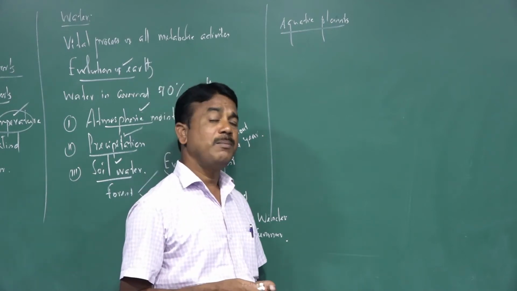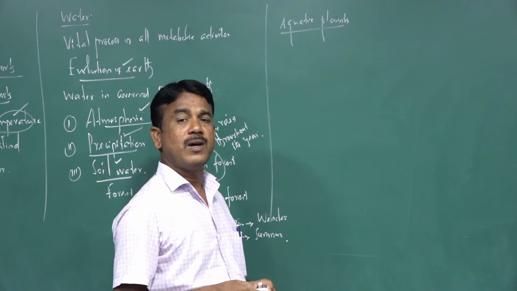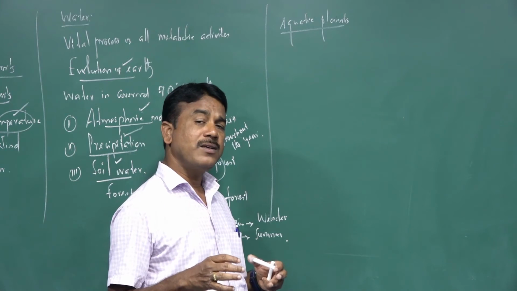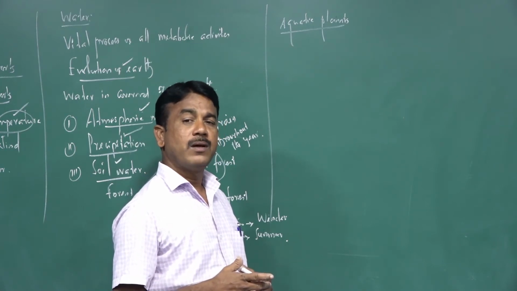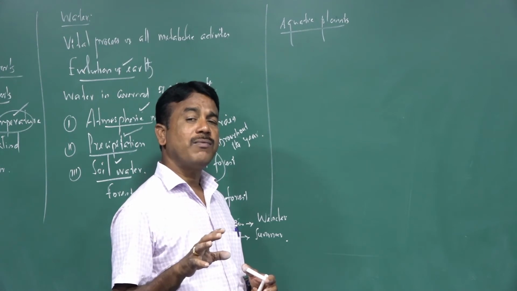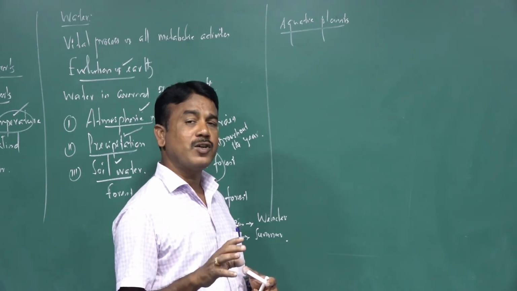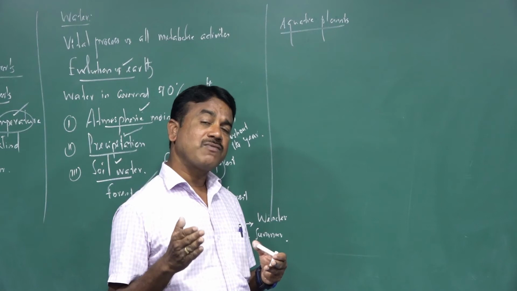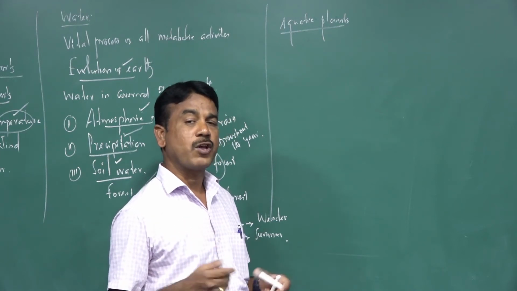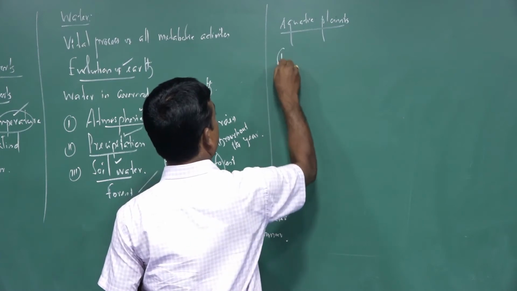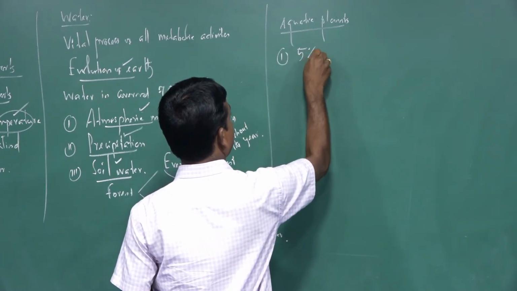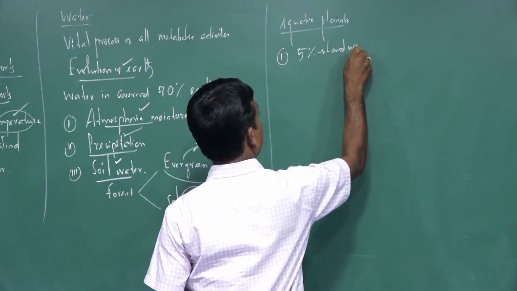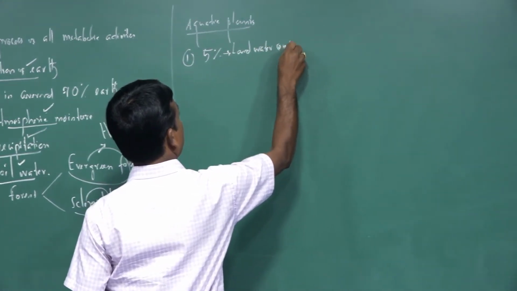Here, let me mention some percentage levels. Water occupies 70% of the earth. What is the amount of salinity in the different water bodies? First of all, there is 5% salinity in land water, also known as fresh water.